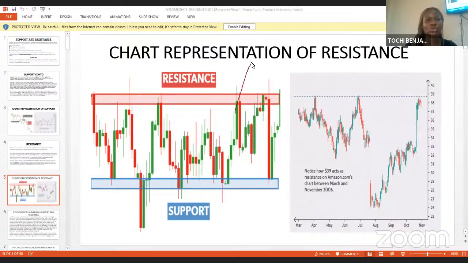Let the push continue. Then if it finally breaks out of this level, allow for a retest. Allow price to come back to that level that it broke. That means it's now turning this resistance level into a support for price to push up.